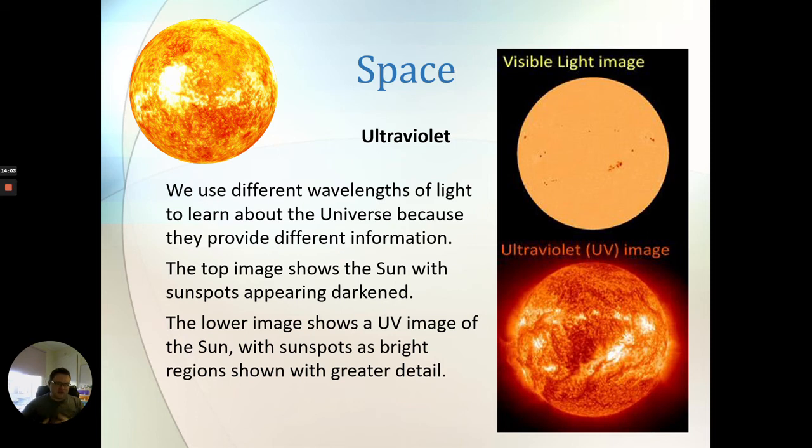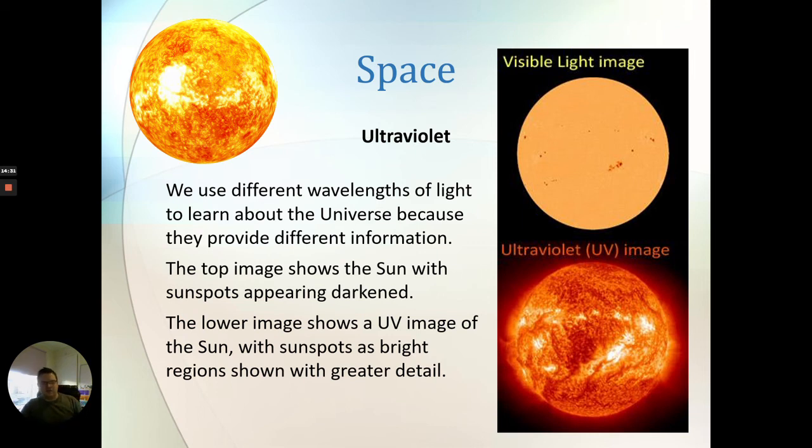It gives out every single colour of light. It's just that when we're on Earth, our blue atmosphere hides some of the light from us, which makes it look a bit yellowy-orange. Ultraviolet light, though, that is what we end up seeing, and it's great. We end up seeing lots of detail in it. We end up seeing regions where there's lots of different magnetic flux happening, changes in the magnetic field around the sun.